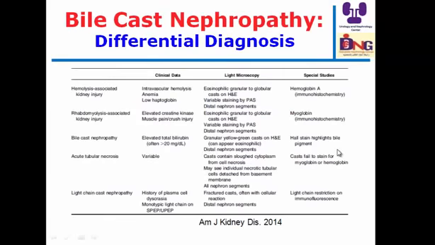How to differentiate? The differential diagnosis of bile acid nephropathy includes hemolysis-associated kidney injury, rhabdomyolysis-associated kidney injury, bile acid nephropathy, acute tubular necrosis, and light chain cast nephropathy. This is the clinical data, this is the light microscopic finding, and here the special studies that discriminate the etiology.